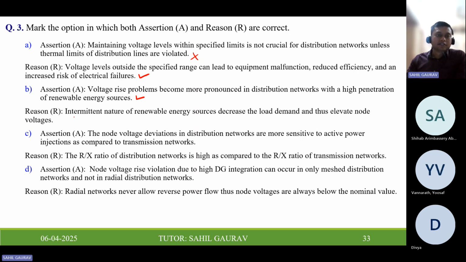And the reason is that the intermittent nature of renewable energy sources decreases the load demand and thus elevates node voltages. This part is incorrect. This may elevate node voltage due to increased active power generation, but it is not decreasing the load demand. Load demand is fixed.